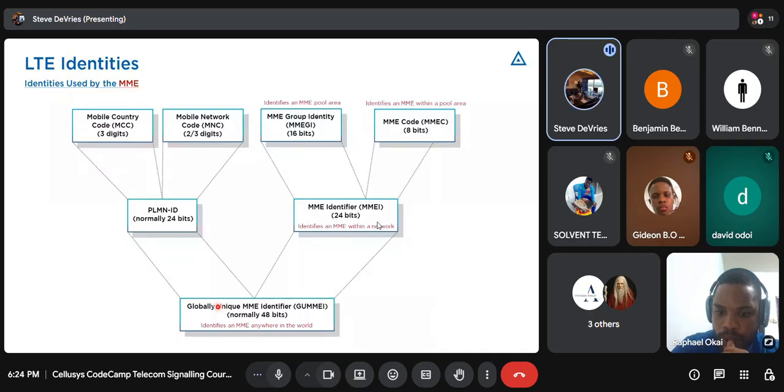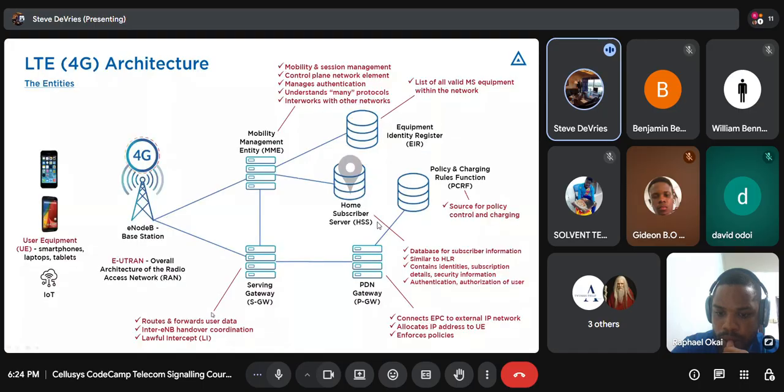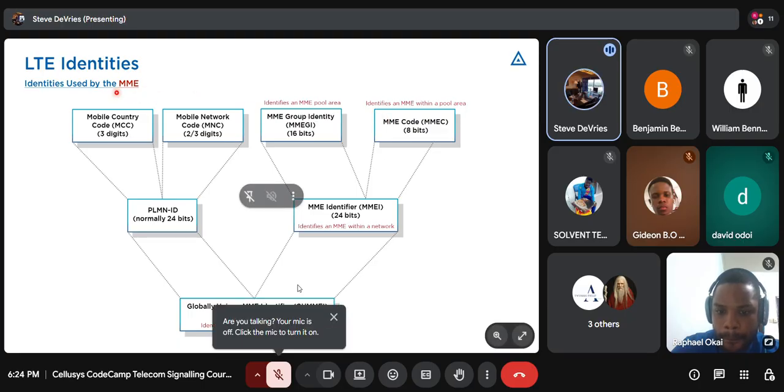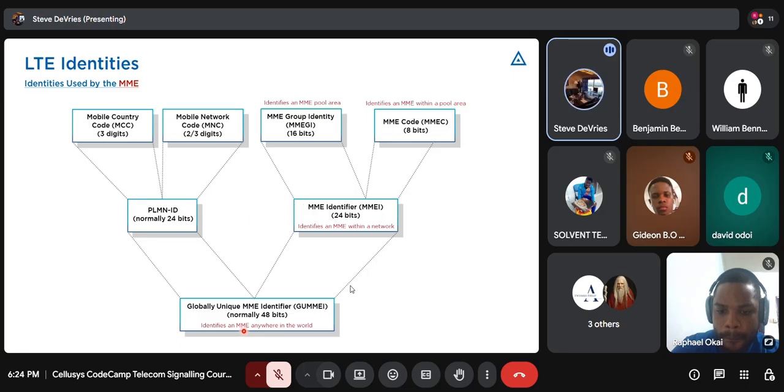This identifies one unique MME. So these devices here are very unique in the world. Just be aware that the mobility management entity is identified this way, uniquely, and it identifies one mobility management entity anywhere in the world.